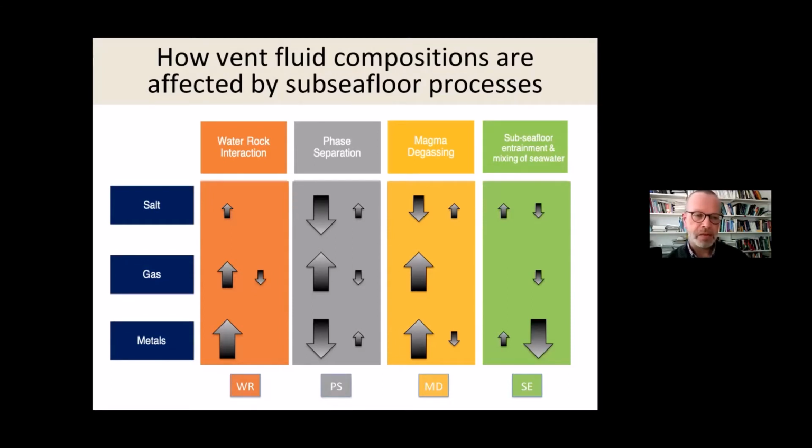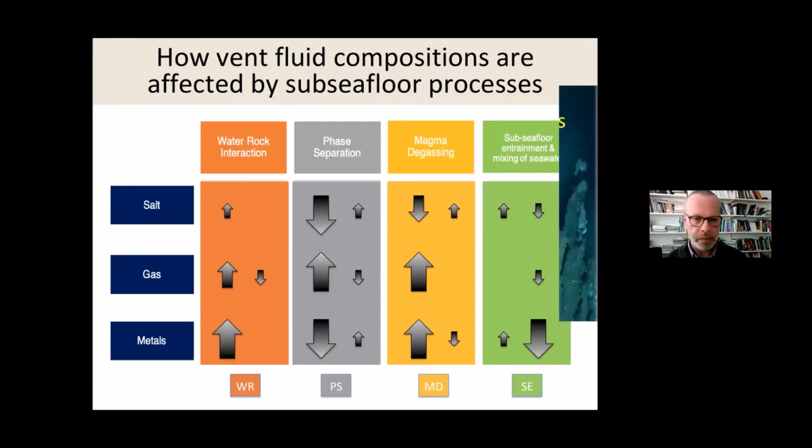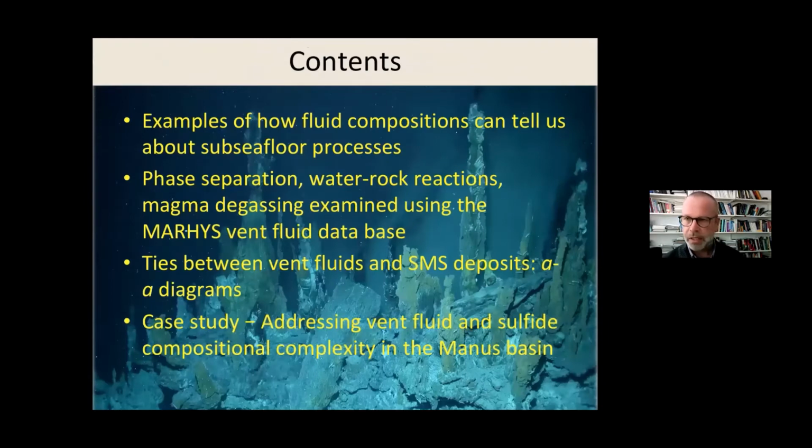And we'll start with salt and gas. And then we'll talk about metals last, because understanding what the metals do is really complex. And it requires us to basically keep track of all of these four things in concert, and how we can go about doing that. That will be the final part of this lecture.